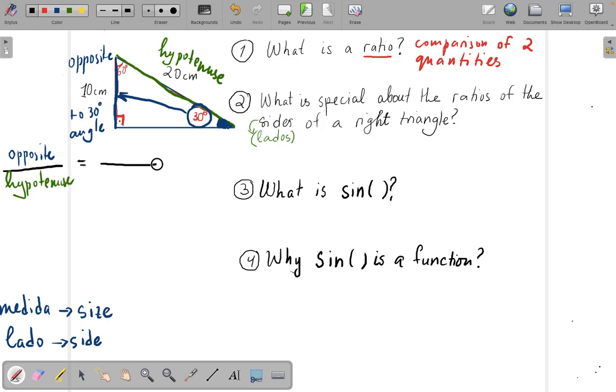In this case, the opposite side is equal to 10 centimeters and the hypotenuse is equal to 20 centimeters. When I divide those numbers, I get 0.5, or la mitad, half. I get half, mitad, because the opposite side is half of the hypotenuse. El lado opuesto de la mitad de la hipotenusa.